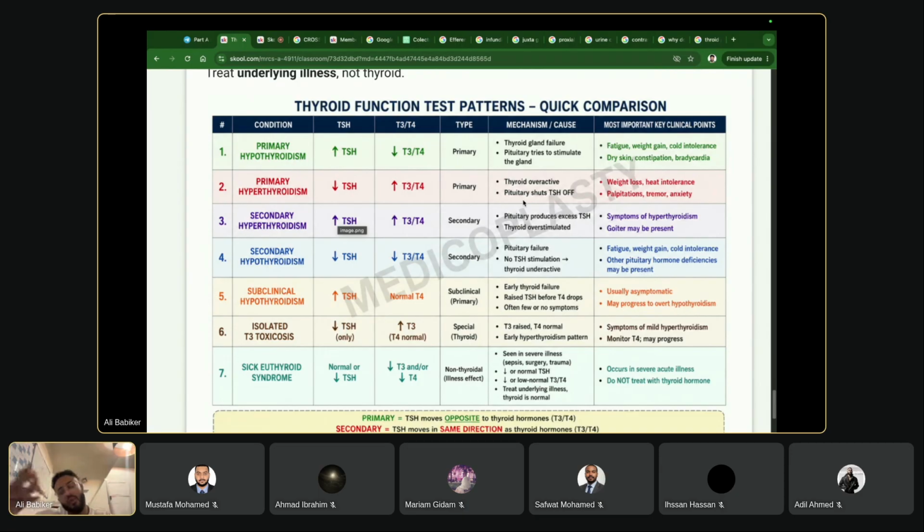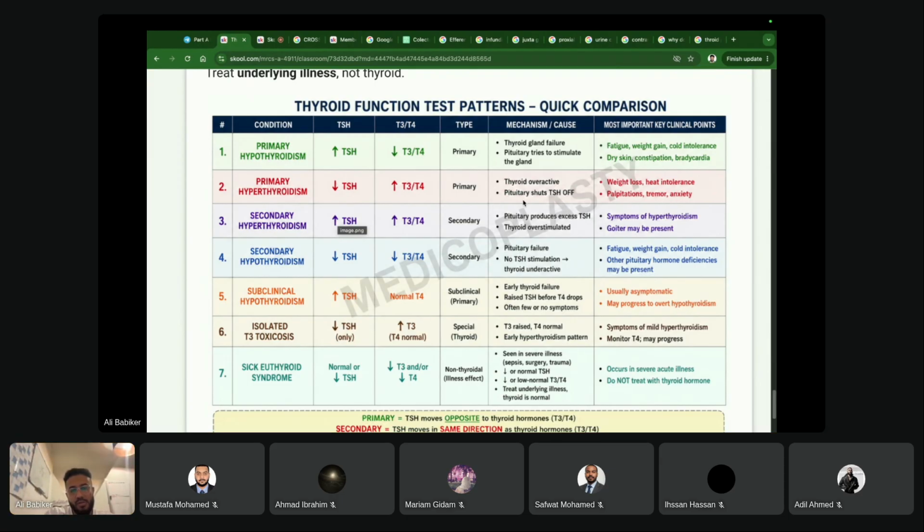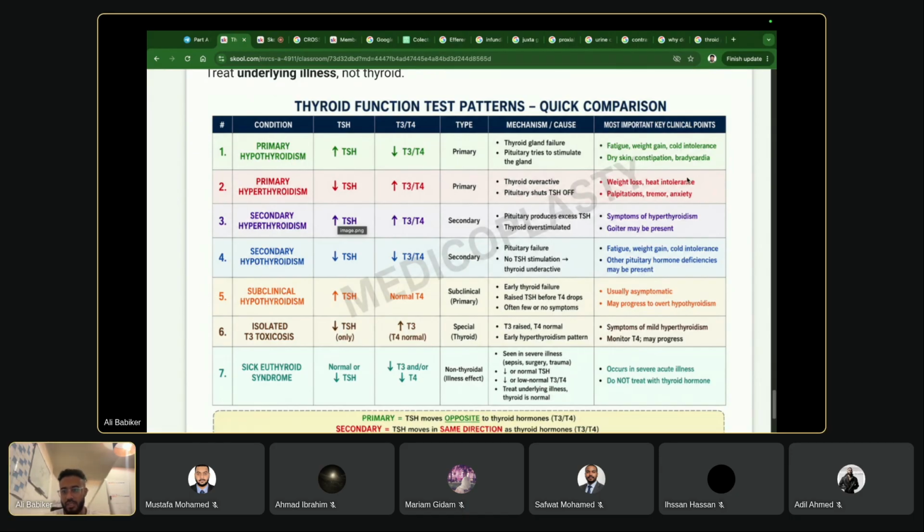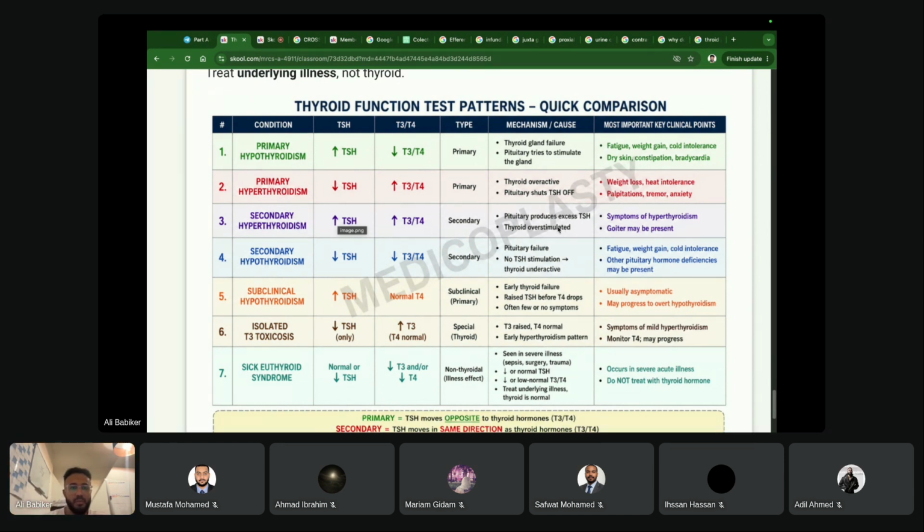Why? Because you have a lot of T3 and T4. What do you need TSH for? Your patient will have weight loss and heat intolerance, meaning they will not tolerate the heat. There will be palpitation, tremor, anxiety, and menstrual disturbance.